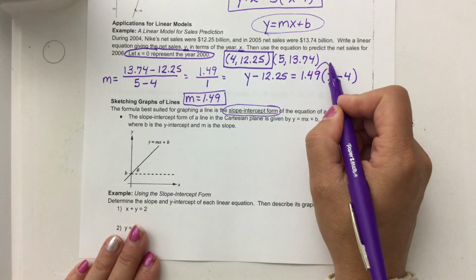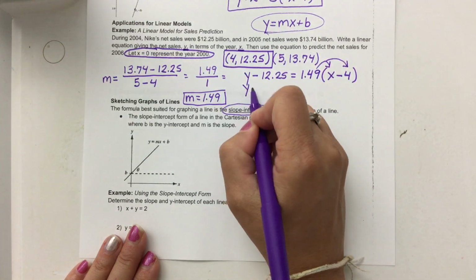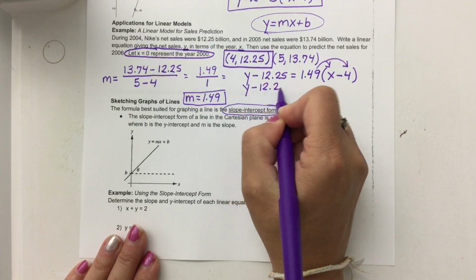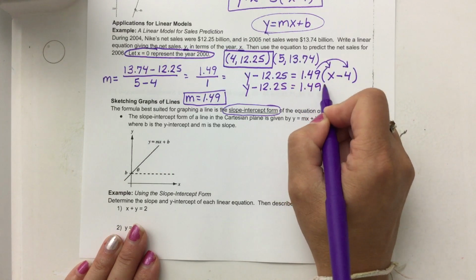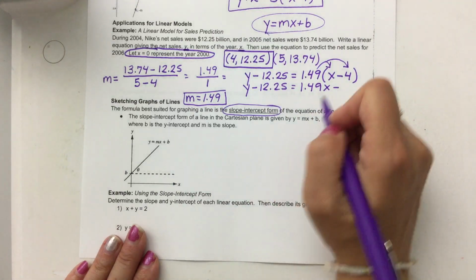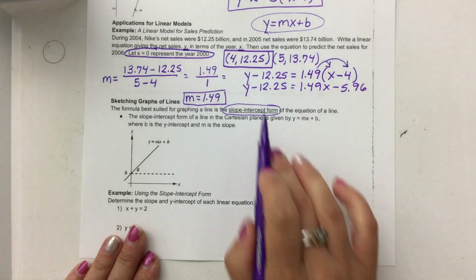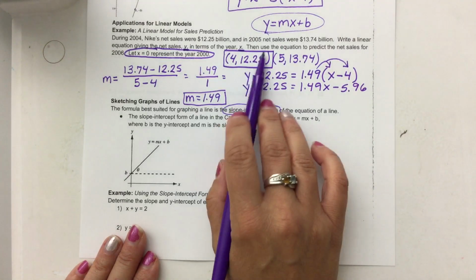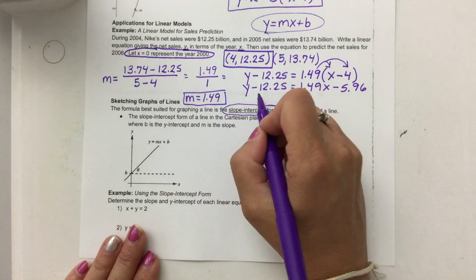So step 1, I need to distribute my slope. So it's y minus 12.25 equals 1.49 times x minus, take 1.49 times 4, and you will get 5.96. Last step. Notice in slope-intercept form, y is isolated. I need y by itself.